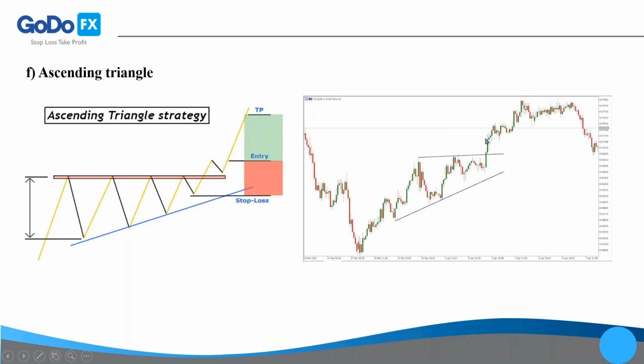After the ascending triangle, the chart is gonna break out the resistance and will continue moving upward. And also, to indicate our target, we should do a vertical line from the higher point to the lower point, and copy paste it to mention our target, which is gonna be the take profit.